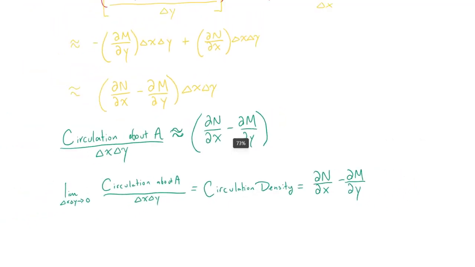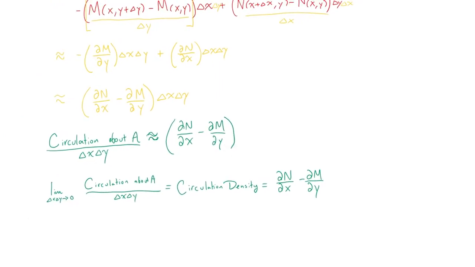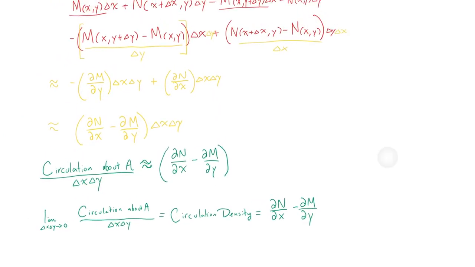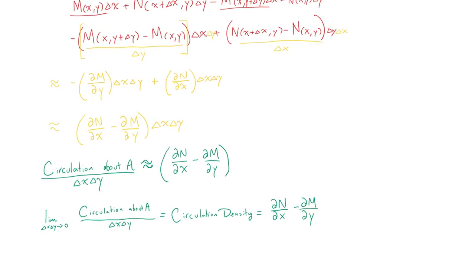So what we've just done is we've found a very concise formula that will enable us to calculate the circulation density, or in other words, how fast the vector field is spinning at a certain point and in what direction it is spinning.